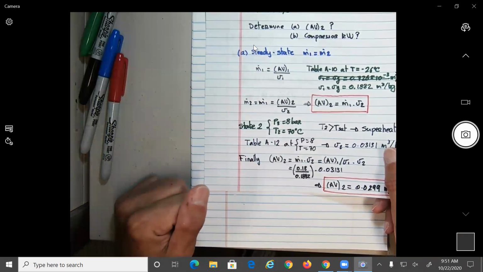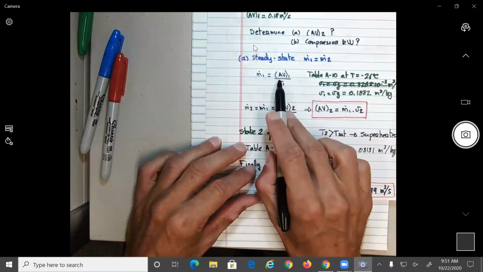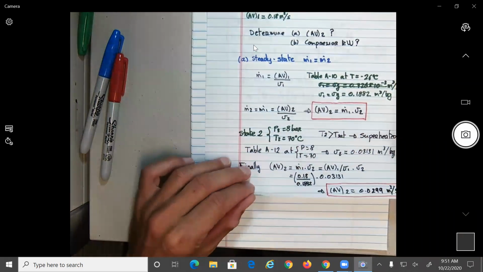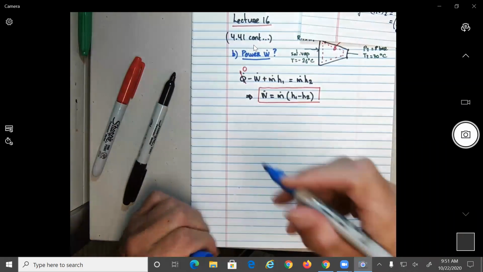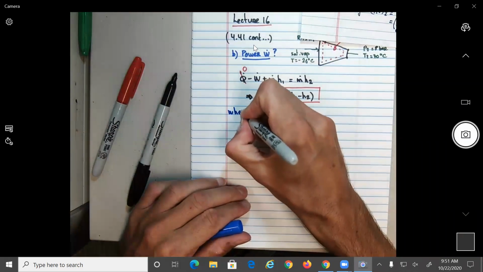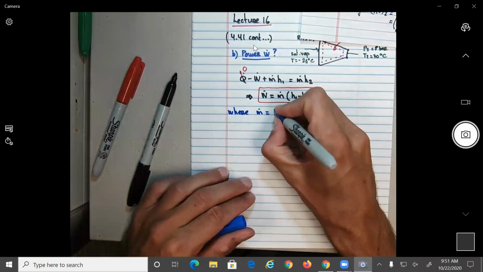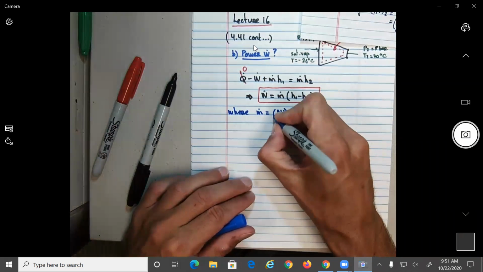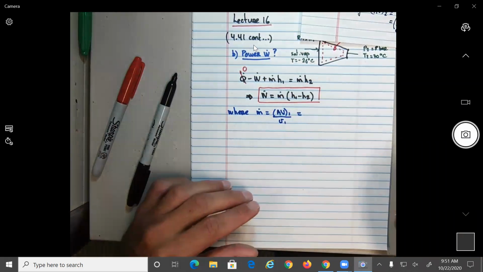So let's calculate it now, where m will be equal to AV1 divided by v1. So the mass flow m dot is equal to AV1 divided by the specific volume 1, which we know is equal to what?